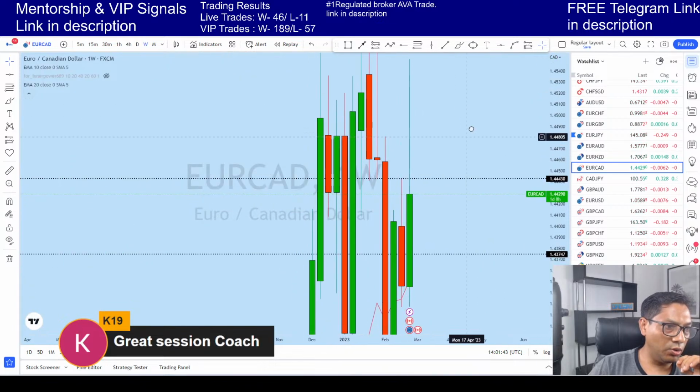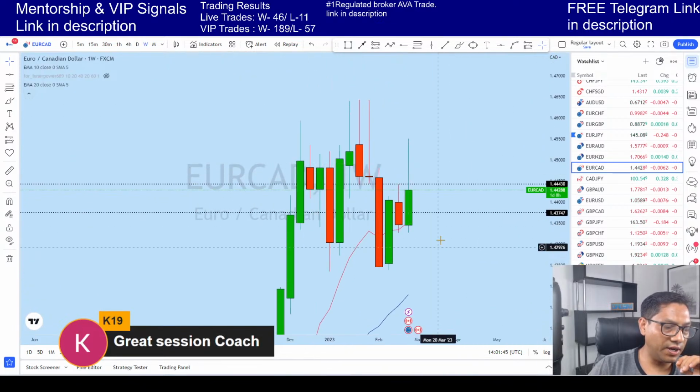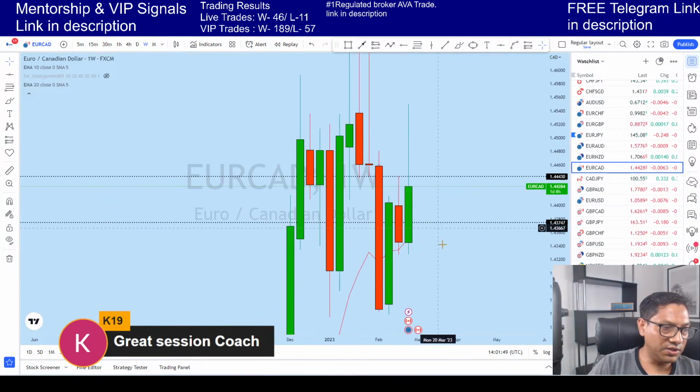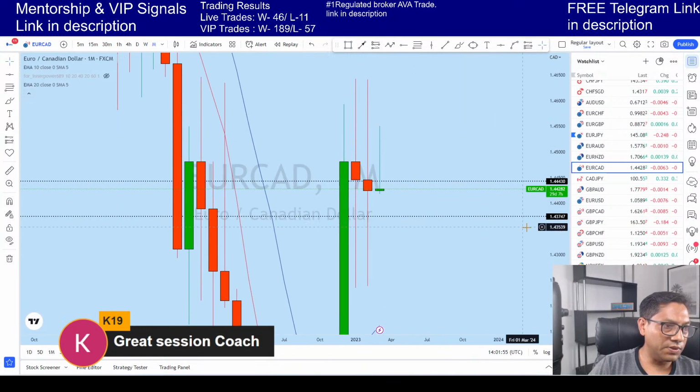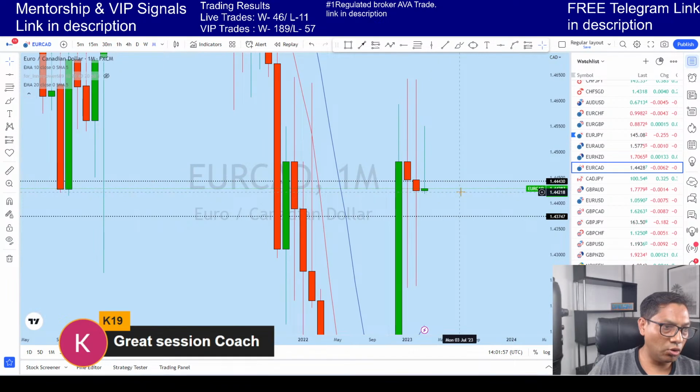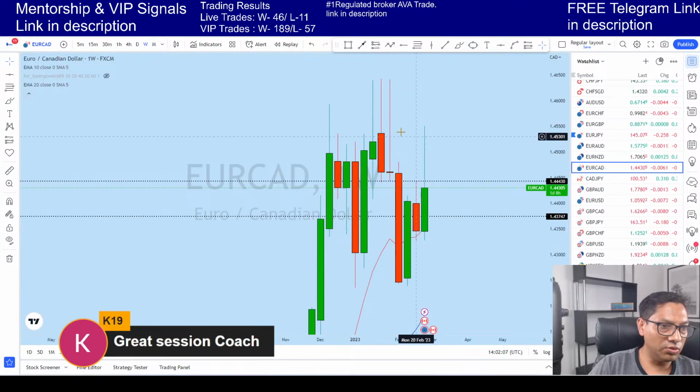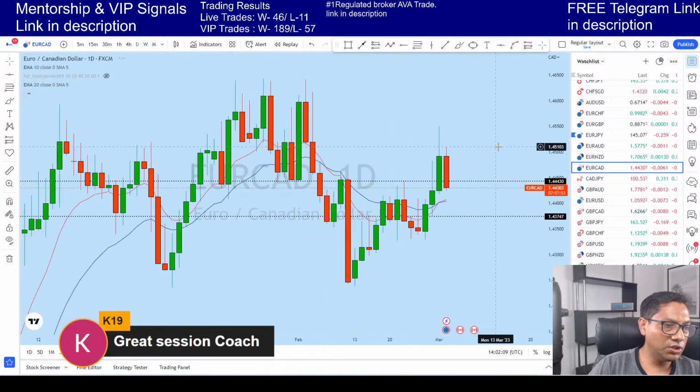If you look at the weekly, we see that Euro CAD in fact came to the weekly support level, and from this support we should see again a bullish move to the upside. And on the monthly, price has already come to the monthly level of support as well. So from here we could see another bounce to the upside. So this one is also bullish.